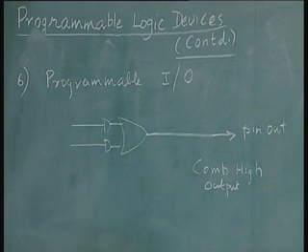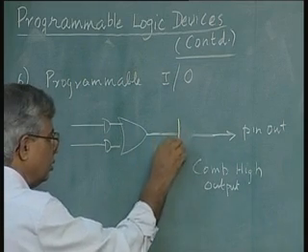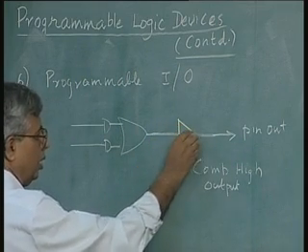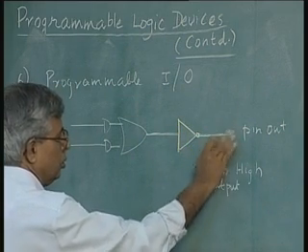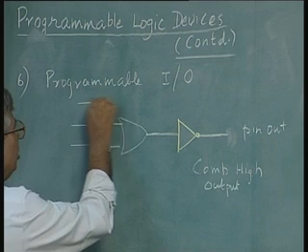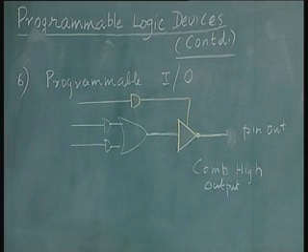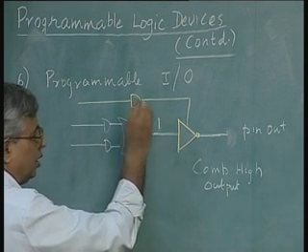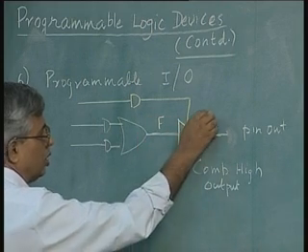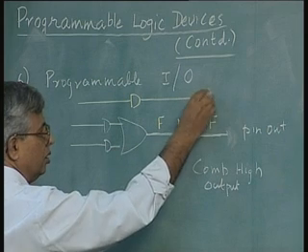The way it is done is very simple. You have again an enable buffer here, same way I showed earlier. This buffer can be enabled by a combinational function using the combinational AND array, and if this is enabled, this function, let us call this f, gets through as f bar.